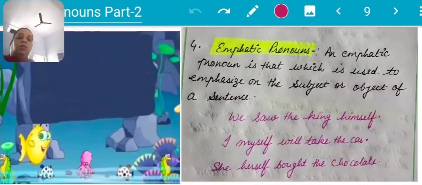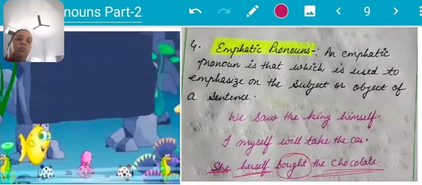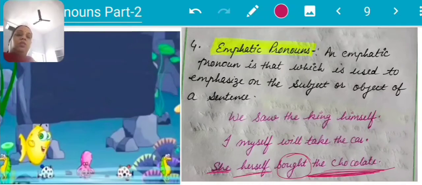Let's see the third sentence now. She is the subject, and herself is not a verb and not an object, because bought is the verb here. What is the object here? The object is the chocolate. So this word herself, myself, itself, like that, is not acting as an object. It is used to give stress to the subject, that is she.